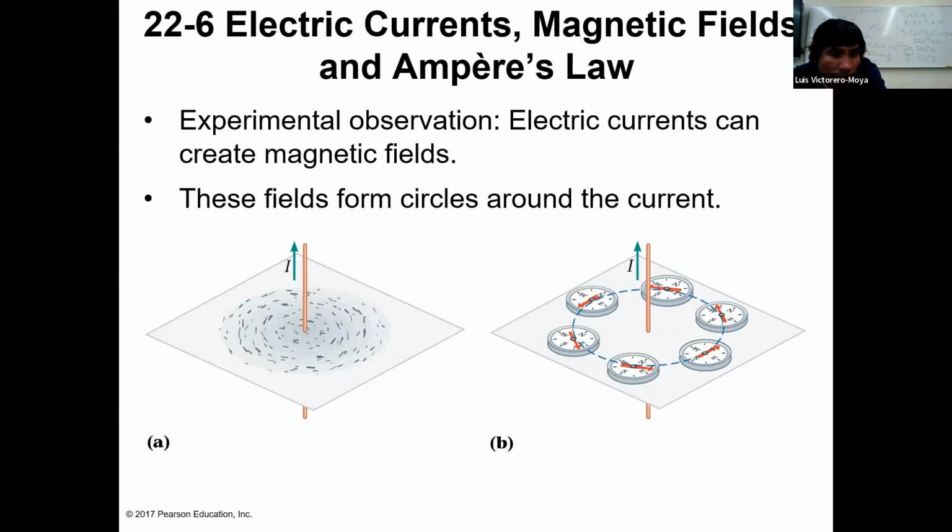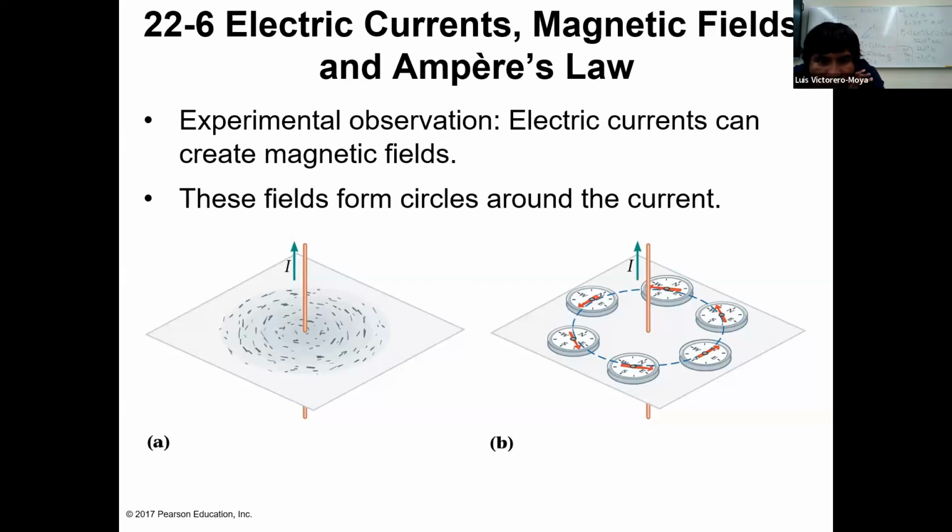Here, if we place a wire and then place iron filings around it, like I did before with the magnet, that's what you see. You see the iron filings making a circular shape around the conductor.